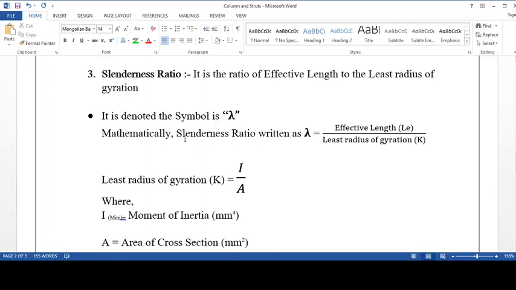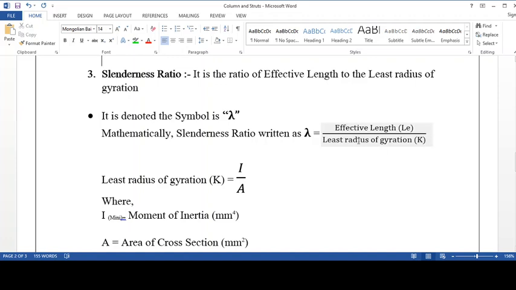Hence, mathematically, the slenderness ratio is written as effective length divided by least radius of gyration. The effective length symbol is L suffix E, and the least radius of gyration symbol is K.